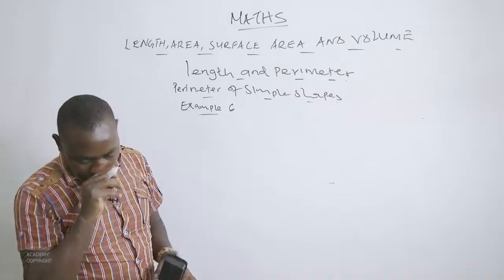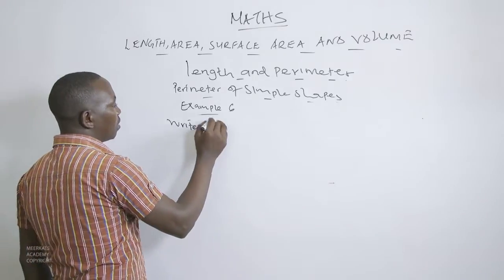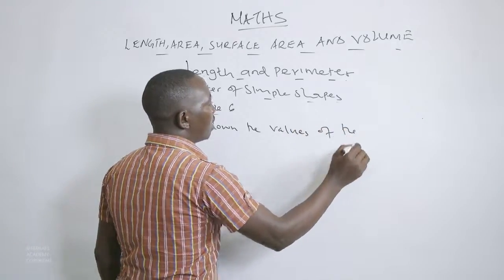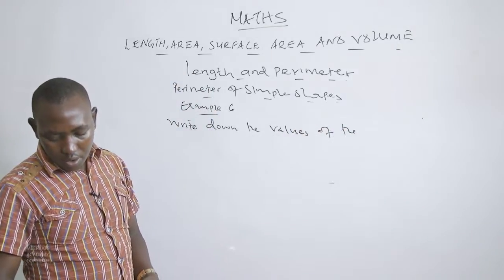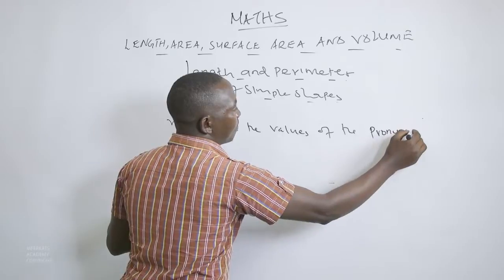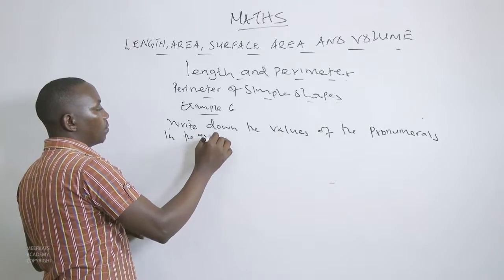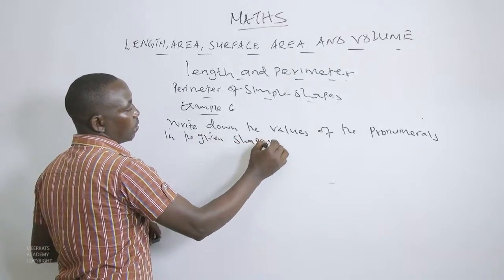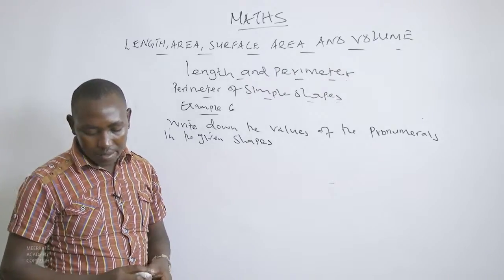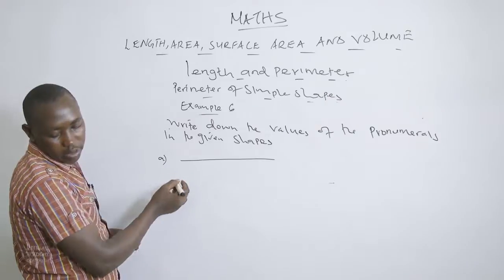Example 6. Write down the values of the pronumerals in the given shapes. So we say that pronumerals are the unknowns in a given figure. So we have part A, such a shape.